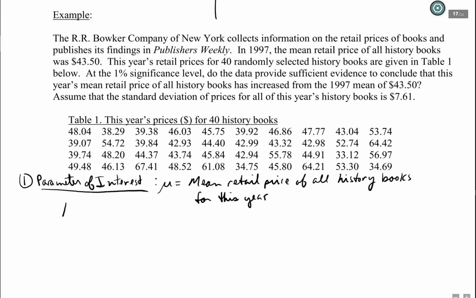So in terms of identifying hypotheses, I like to identify the alternative hypothesis first, H1, or if you want to write HA, that's fine. We are interested in testing the claim, is mu greater than 43.50? This is the claim we want to test.